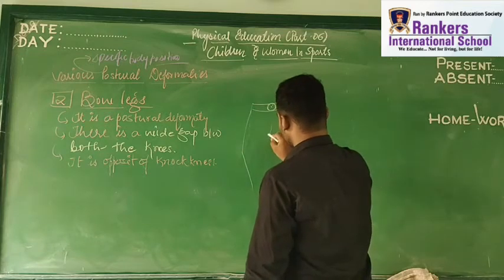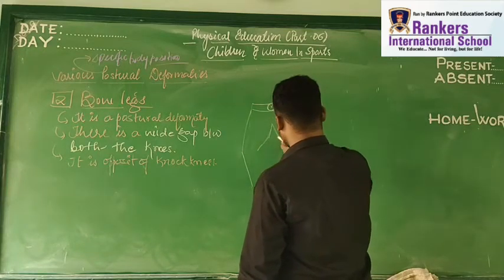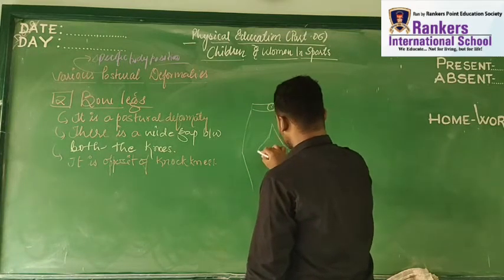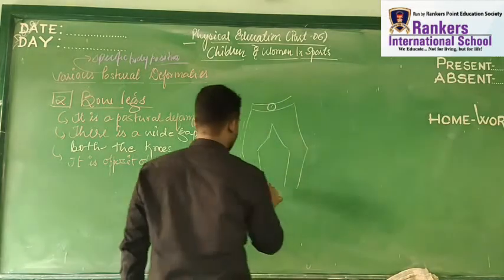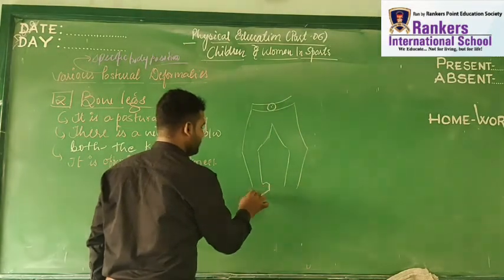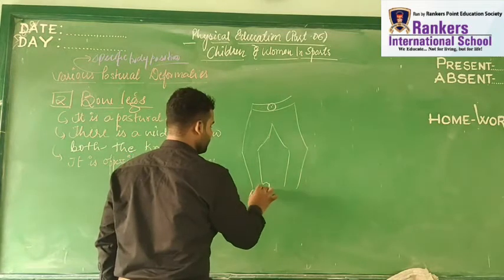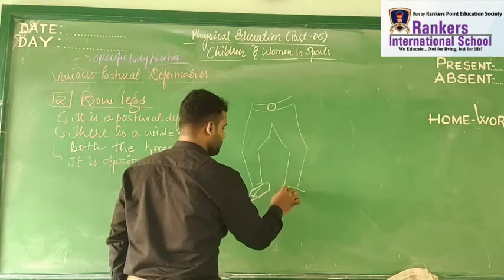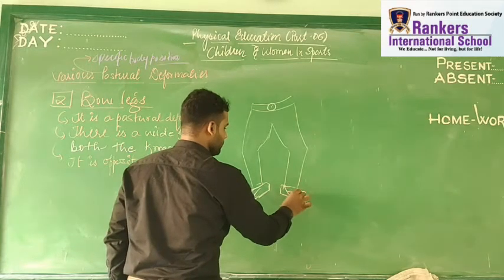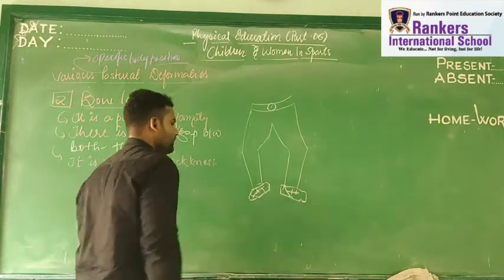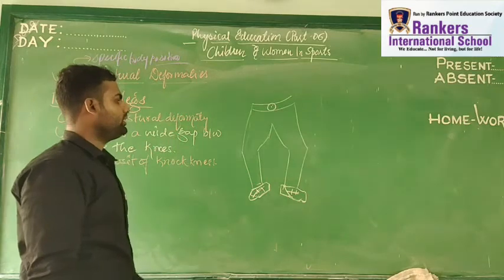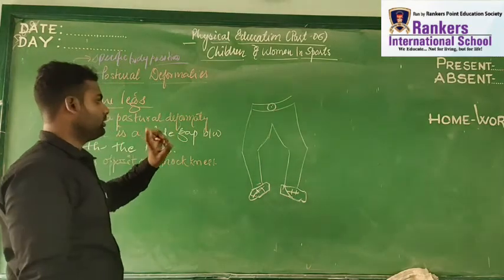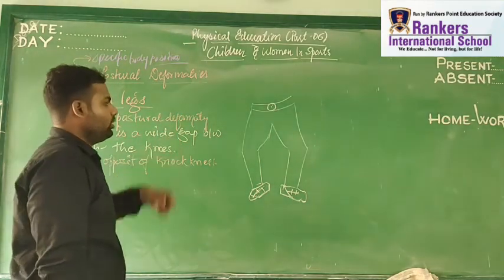It's a postural deformity when both the knees strike each other. And let's say these are the shoes of a person. So knock knee is totally different and bow leg is totally different.